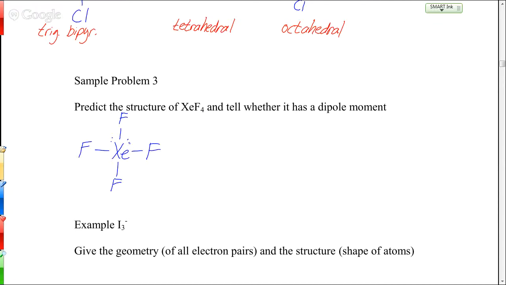How do you figure it out? Right, we know there's a big electronegativity difference between xenon and fluorine, with fluorine being more electronegative. So we have dipoles in all four directions of equal magnitude. Those are all going to cancel each other out. So the net dipole moment is going to be 0, no dipole moment overall in this molecule.